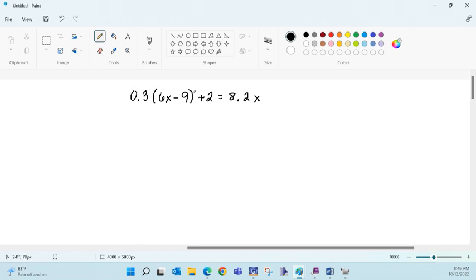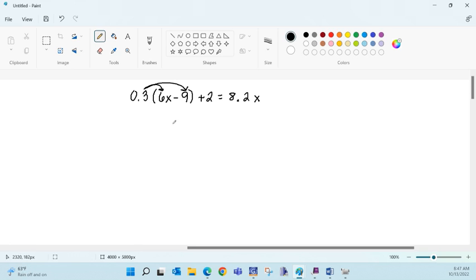Okay, so in the parentheses though, can I put 6x minus 9 together? No, you have to do 0.3 times 6 and 0.3 times 9. So what does that give you? Somebody can raise your hand and tell me, Anthony. Go ahead.